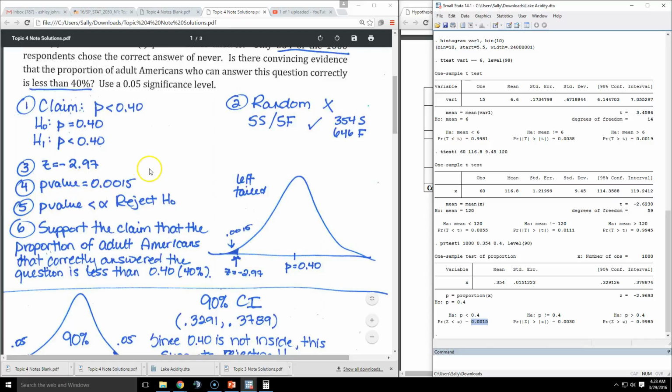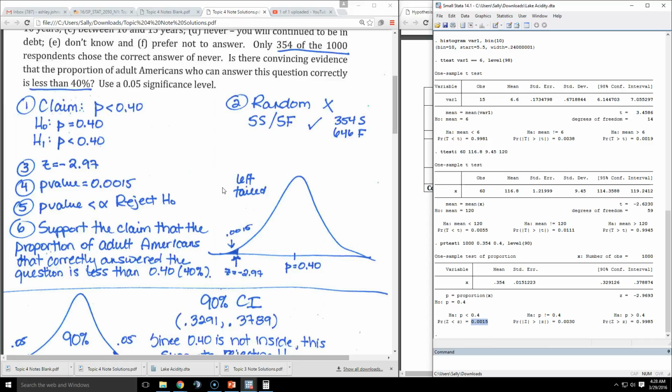The p-value is less than 0.05, so we would reject H0. And if we're rejecting H0, then that means we're going to support our claim, because the claim is H1. So we're going to support the claim that the proportion of adult Americans that correctly answered the question is less than 0.4 or 40%. So they are answering the question correctly at a rate of less than 40%.